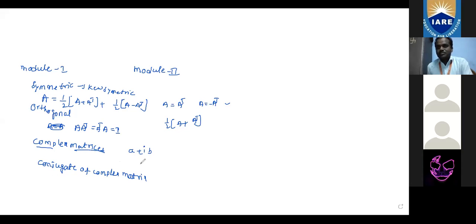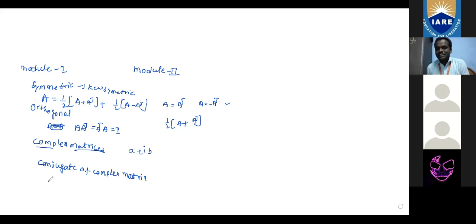The sign before the imaginary part is changed: plus becomes minus, minus becomes plus. That is the conjugate of the complex matrix. Then we apply the transpose, interchanging rows and columns. That is called the transpose of the conjugate of the complex matrix.